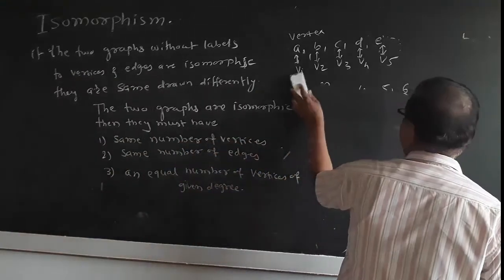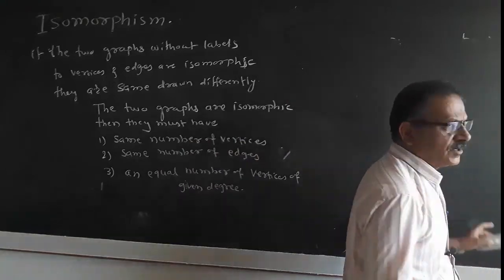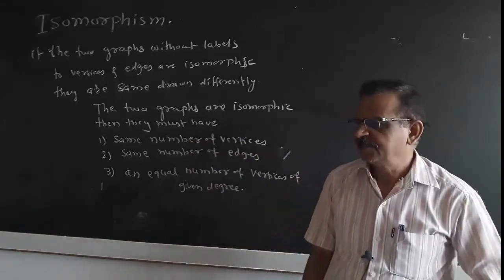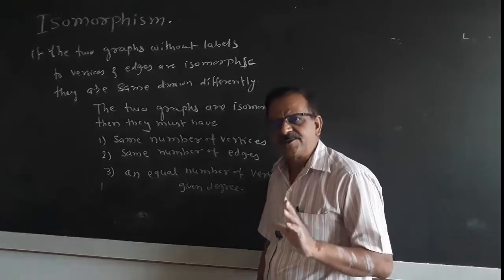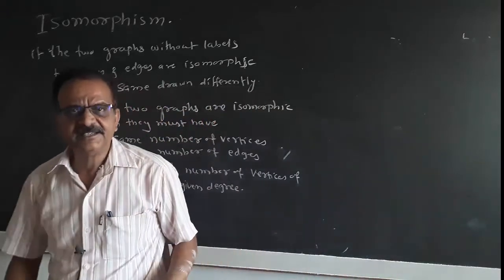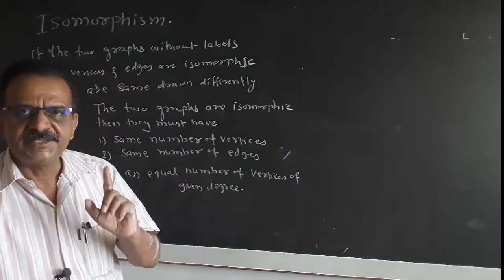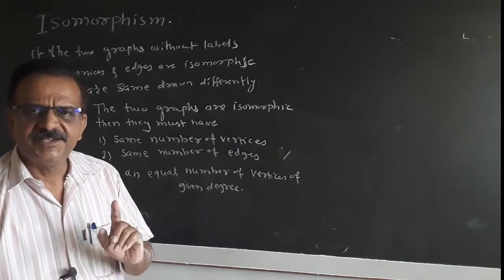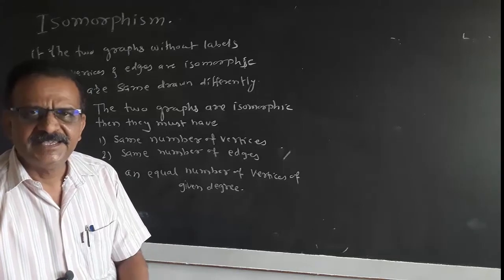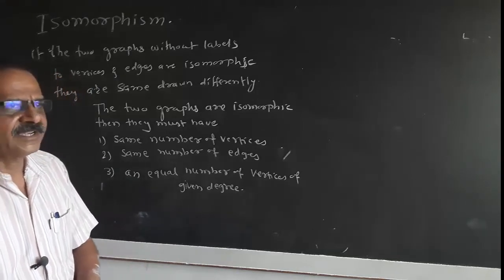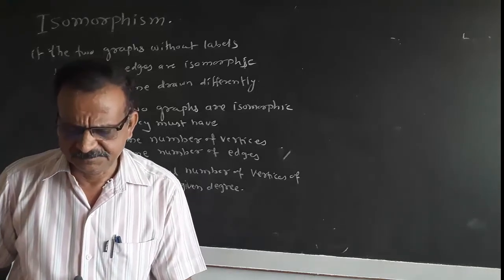If the question is asked, what are the necessary conditions for two graphs to be isomorphic? The conditions are that if two graphs are isomorphic, then they must have the same number of vertices, the same number of edges, and an equal number of vertices of given degree.